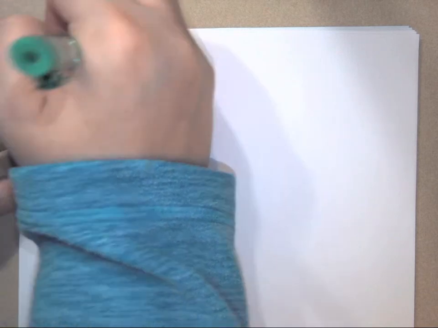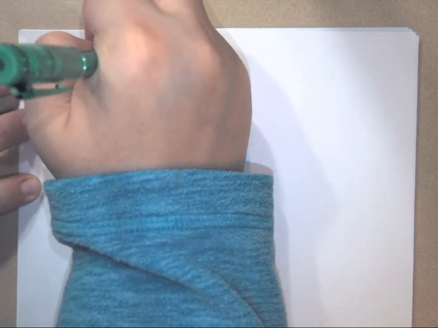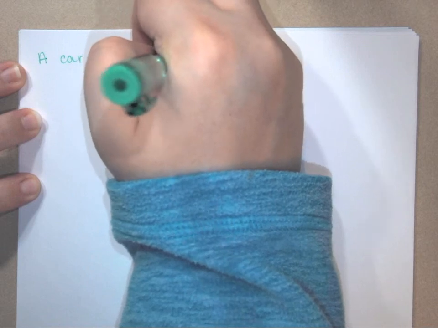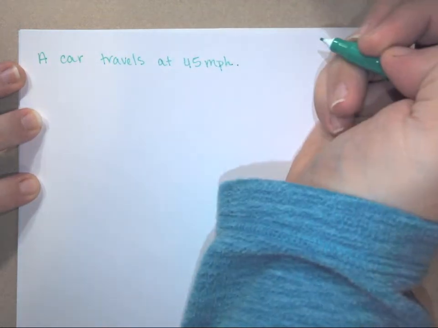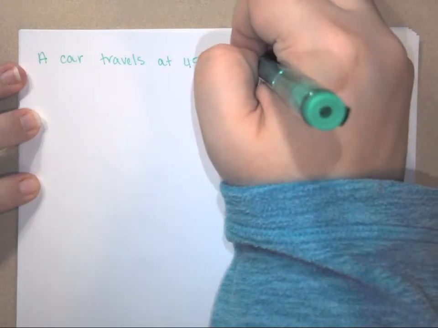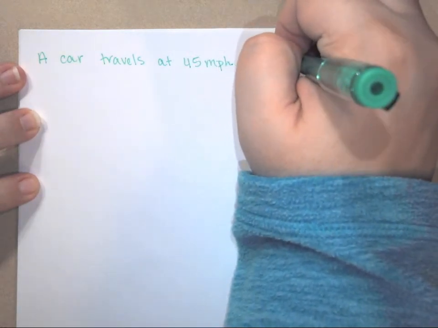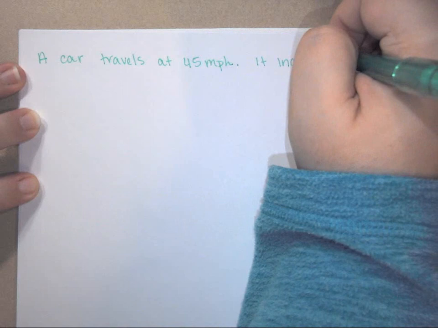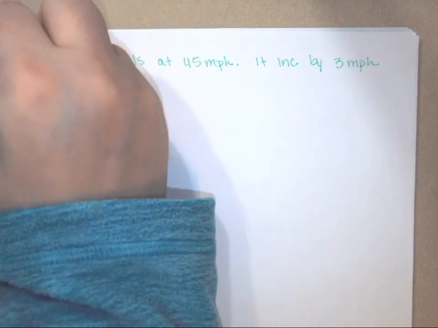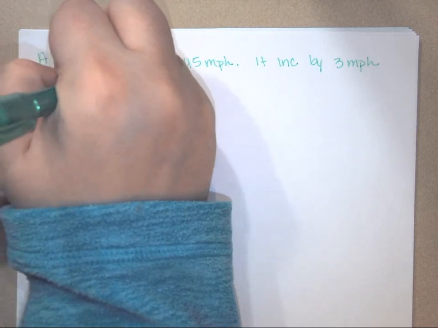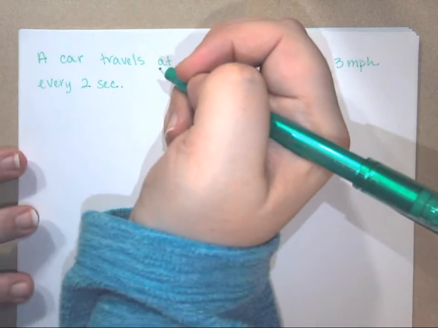Alright, what if we have a word problem? A car travels at 45 miles per hour. It increases by 3 miles per hour every 2 seconds.